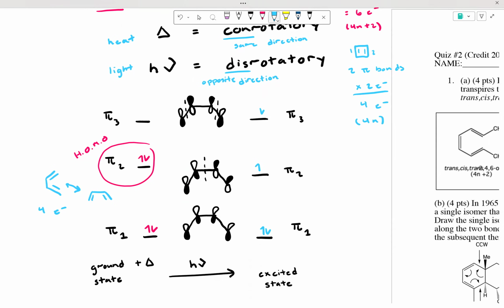So in our second molecular orbital level, we see that we have a node down the center, which means that the orbitals on either side of that node have different phases. In order for a bond to form, we need the phases to be alike. So we need this positive side to be facing this positive side.